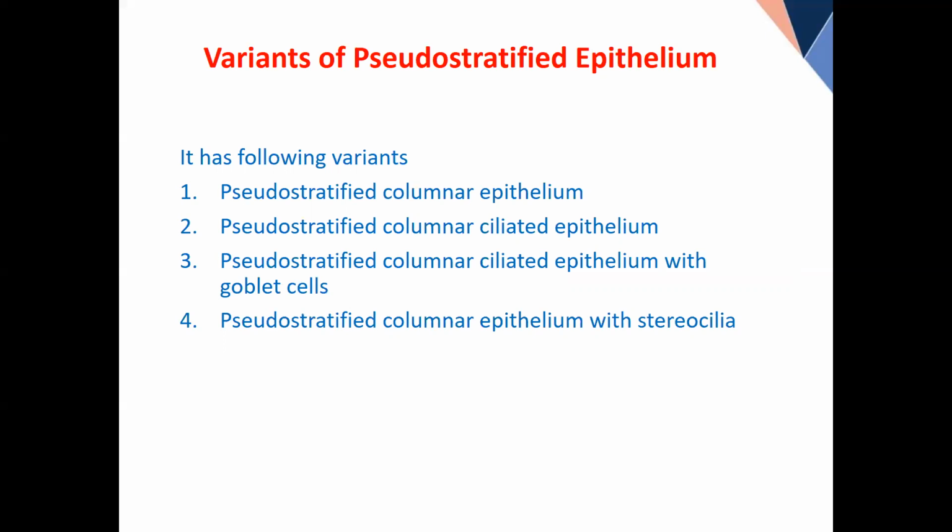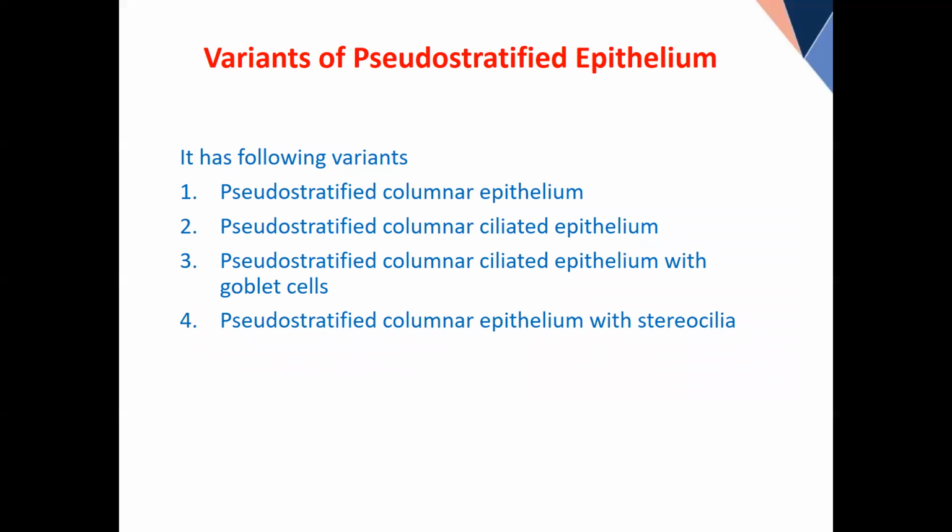Okay, so pseudo-stratified epithelium is of 4 types. There are 4 variants. You can see pseudo-stratified columnar means there is nothing associated with this. Then the second is pseudo-stratified columnar with cilia. Then the third one is the most important type. It is pseudo-stratified, it is columnar, it is ciliated, it has goblet cells along with the columnar cells.